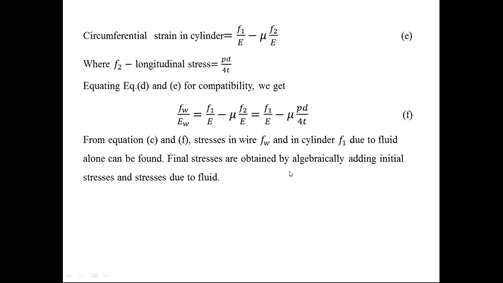So after finding this, the final stresses are obtained by algebraically adding initial stress and stress due to fluid. This is the wire wound problem. I will explain an example tomorrow.